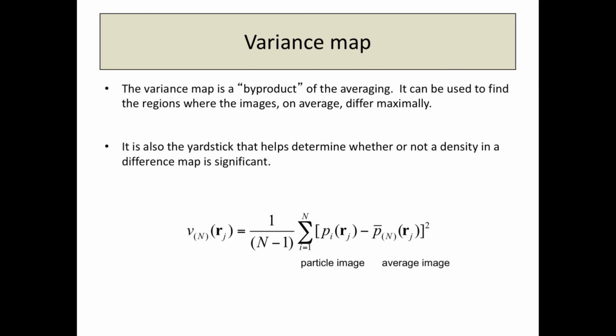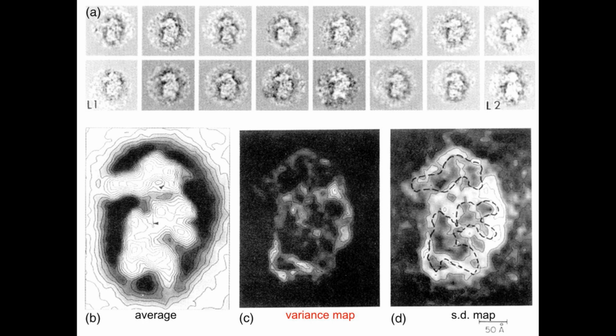So this is the thing that we always get as a byproduct of the averaging, and here it is shown in such a variance map of this very old application of the averaging. And the very interesting thing here is that the variance is concentrated around the border.